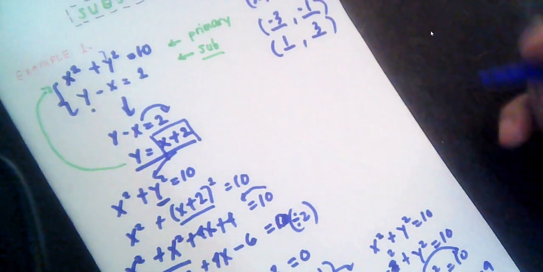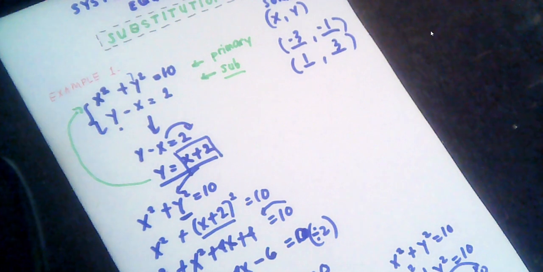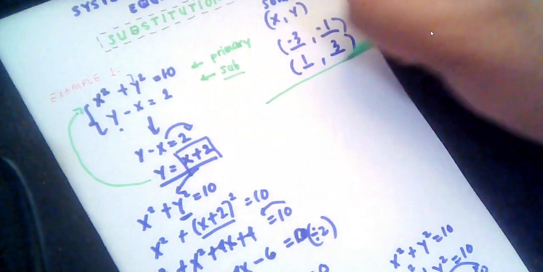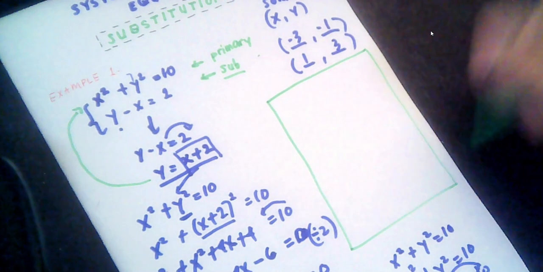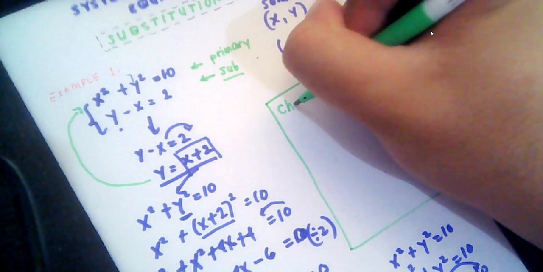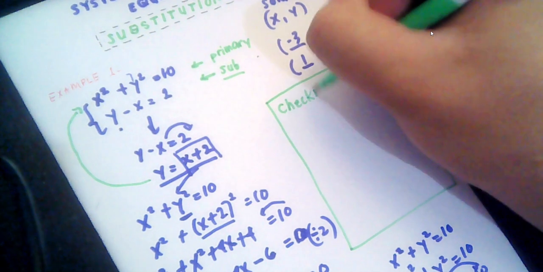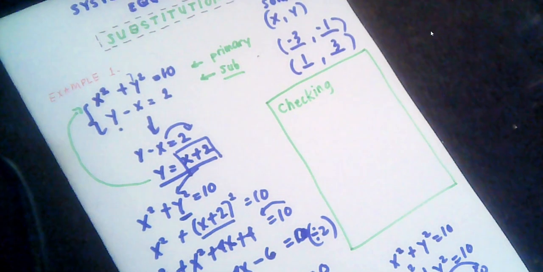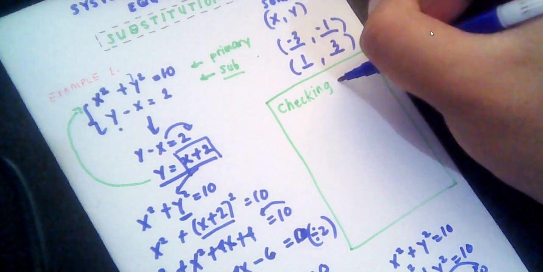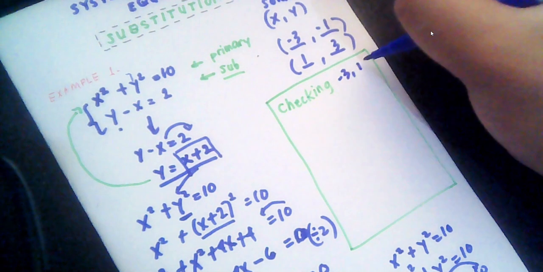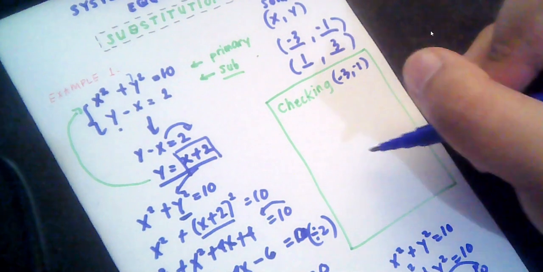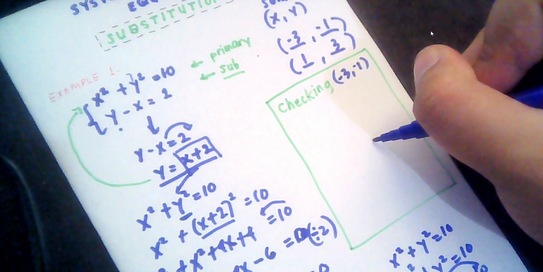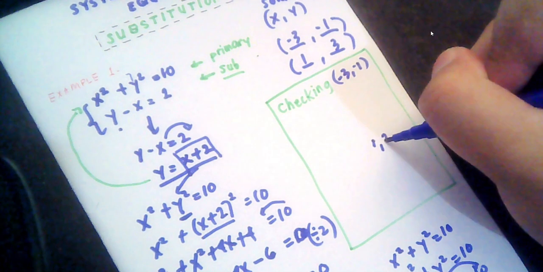So in this case, we are going to have the checking. Let us check if this set negative 3 comma negative 1 is really the solution, and the other one is 1 comma 3.